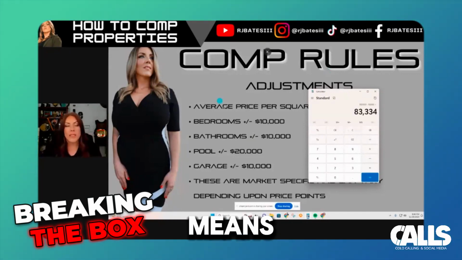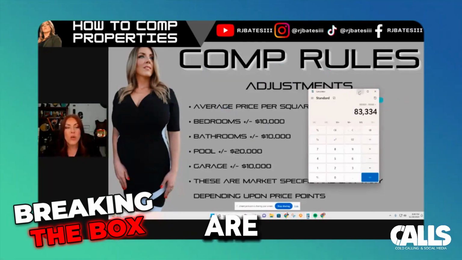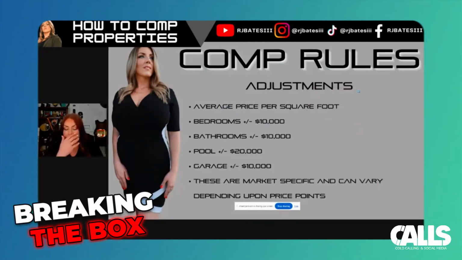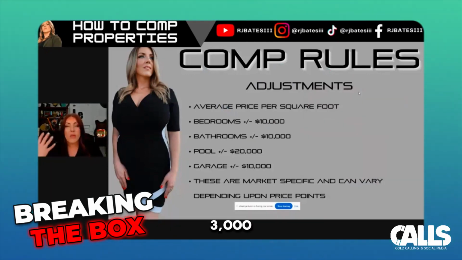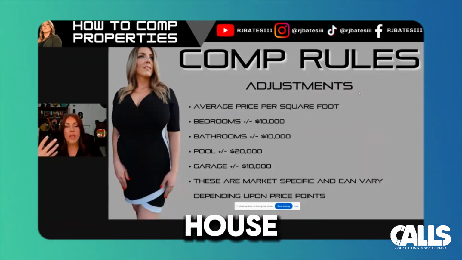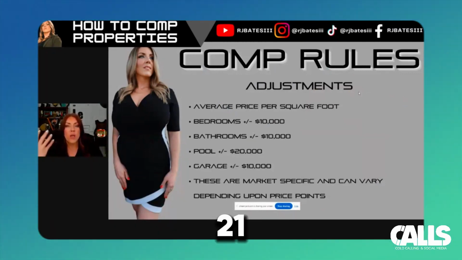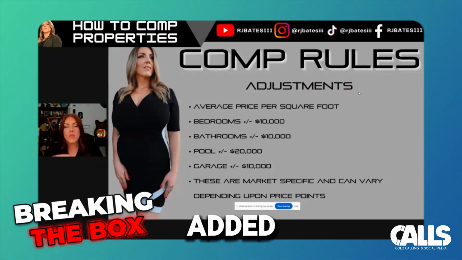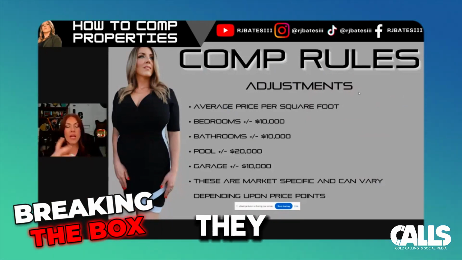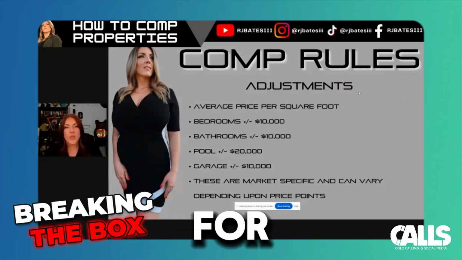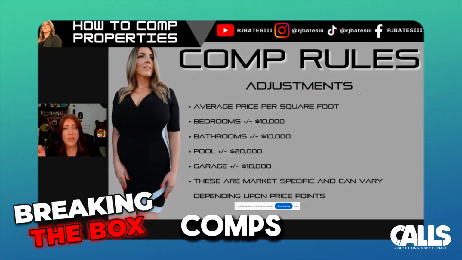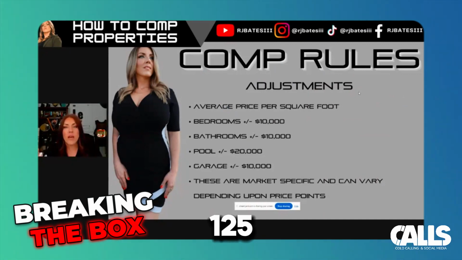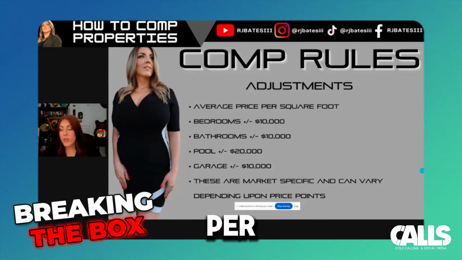Big man on the block means that you are going to have a larger house, say a 3,000 square foot house, and all of your comps are 2,100 to 2,300 because somebody added square footage, and then they determine that the average price per square foot for their comps is $125 per square foot.